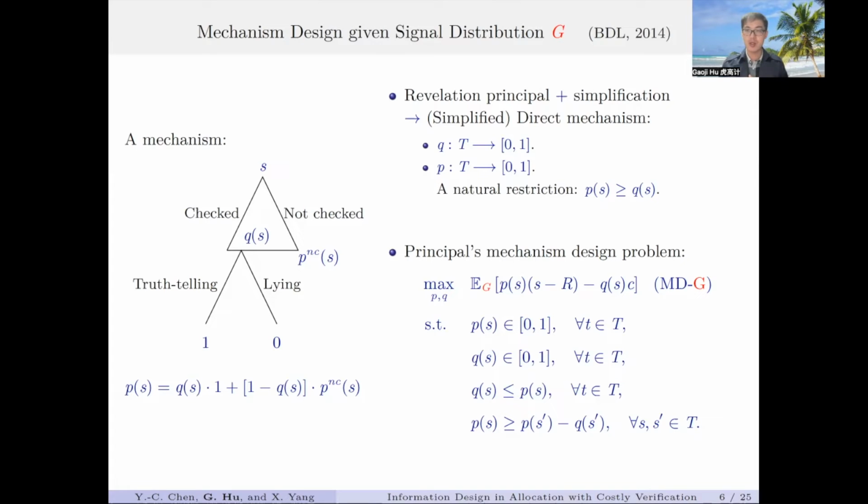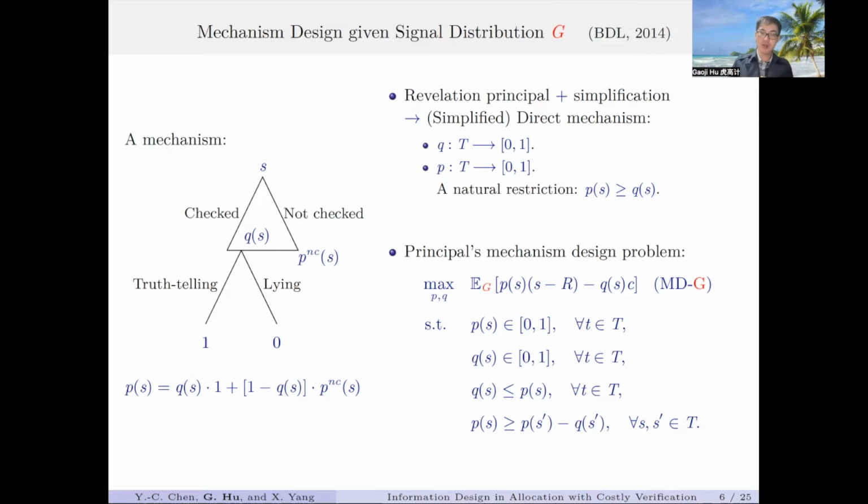So Q assigns for each reported signal a checking probability, and the P function assigns for each reported signal a total allocation probability. Okay, so there's a natural restriction. P of S should be greater than Q of S for any signal S. Okay, and this restriction is just from the definition of the P notation we just introduced.